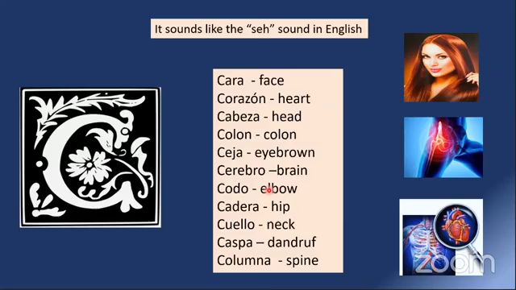Cadera is the hip. Cuello is neck. Caspa, dandruff. Columna is the spine.